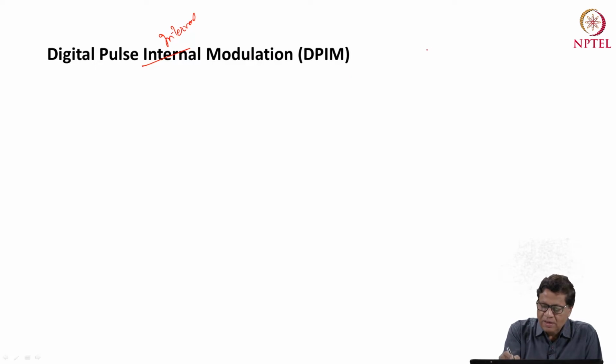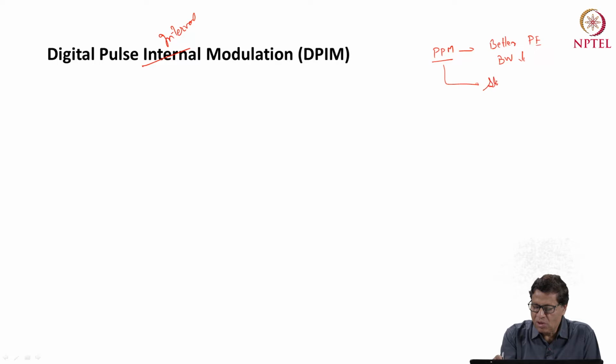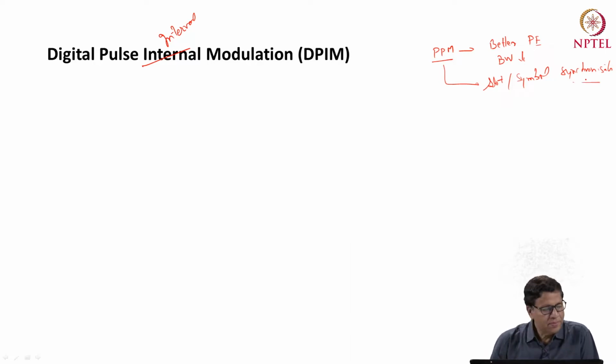So recall that we studied PPM earlier, which has better power efficiency, but bandwidth efficiency was poor. And also PPM required some slot and symbol synchronization. So these were the issues with the PPM.